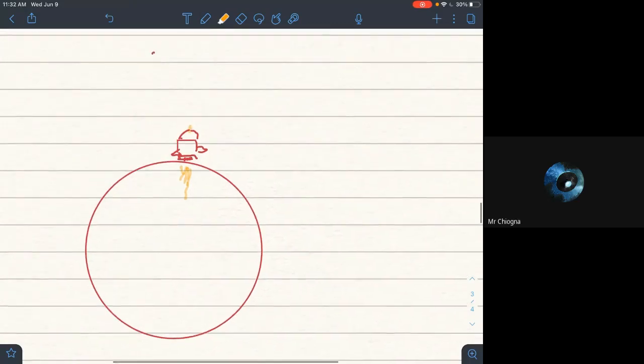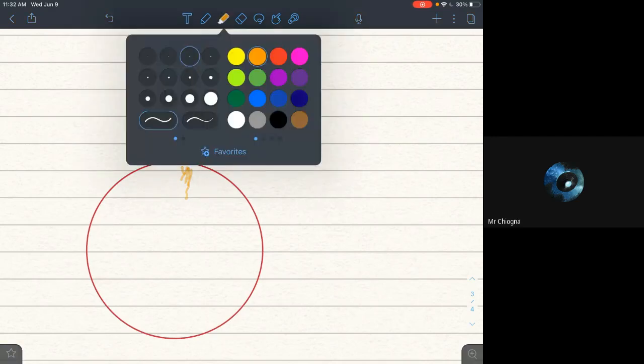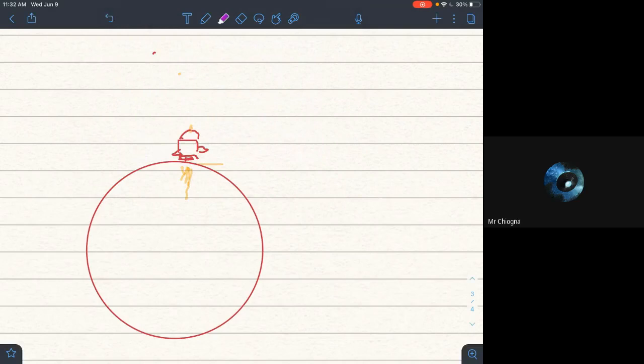You're going to do work to lift it from here to a point P, a distance of 1,000 kilometers above the surface, not from the center, above the surface. That's key. This is the Earth.